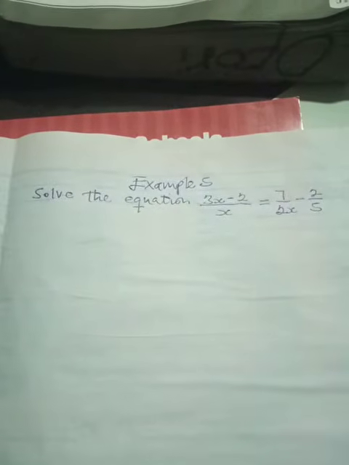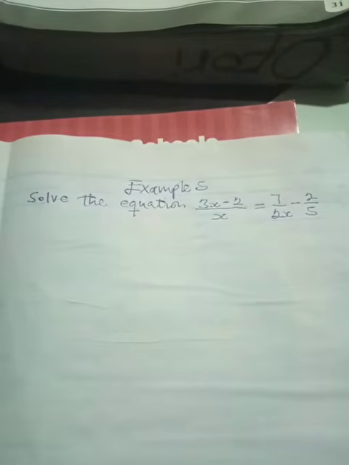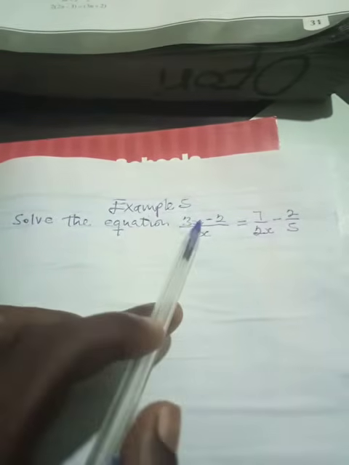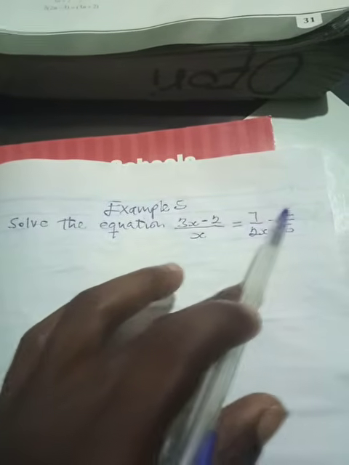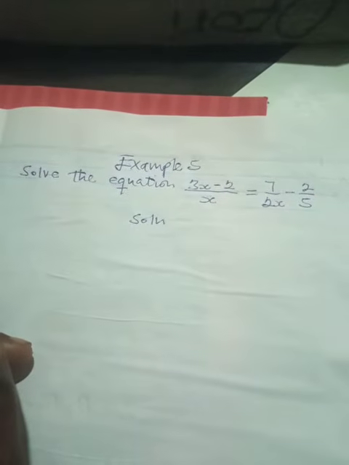Example 5 says solve the equation 3x minus 2 over x equal to 7 over 2x minus 2 over 5. For this kind of question we have 3 terms, so you are supposed to find the LCM, then multiply the LCM by each of the terms.